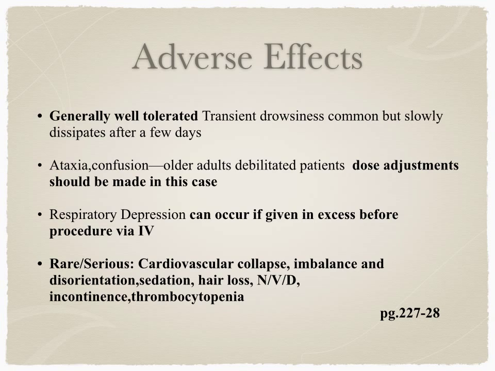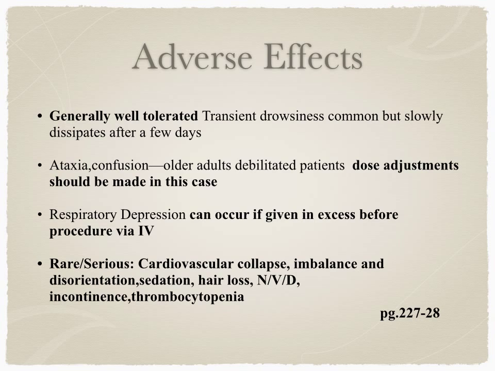Some side effects that also occur with this drug are ataxia and confusion, and this often occurs with patients who are elderly or debilitated. Ataxia is a lack of muscle control during voluntary movements. And so for patients in these situations, you may want to adjust the dosage.